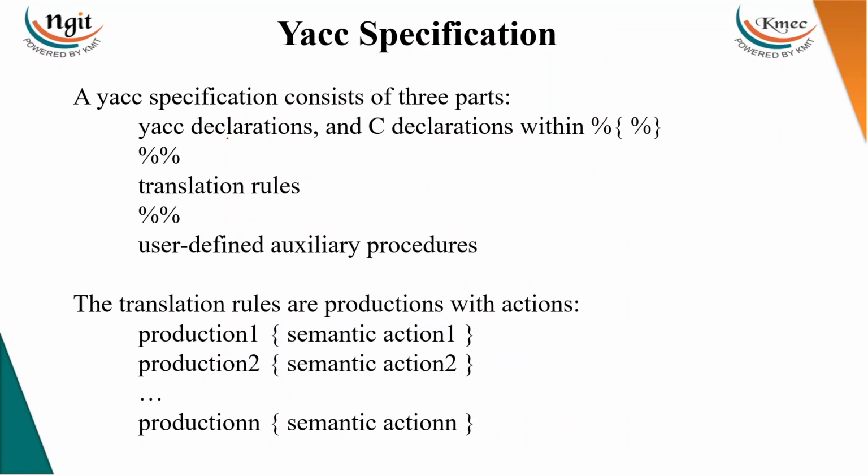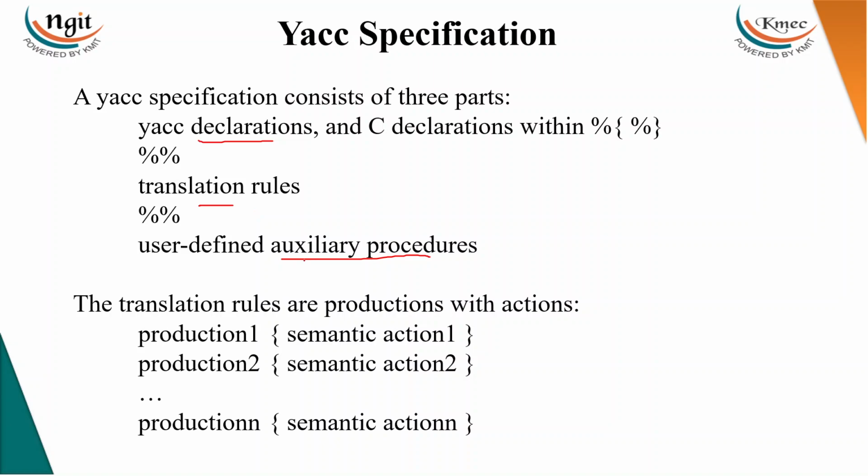Like Lex specifications, a Yacc specification also has three sections: the declaration part, the translation rules, and the auxiliary procedures. In the declaration part, you specify what you are going to use in your Yacc file, and if that is matched, what we have to do, you specify in the rules.